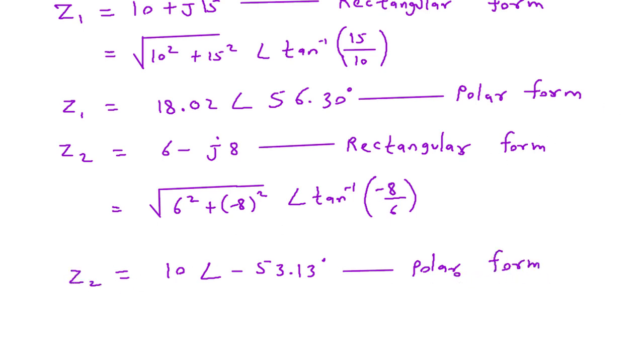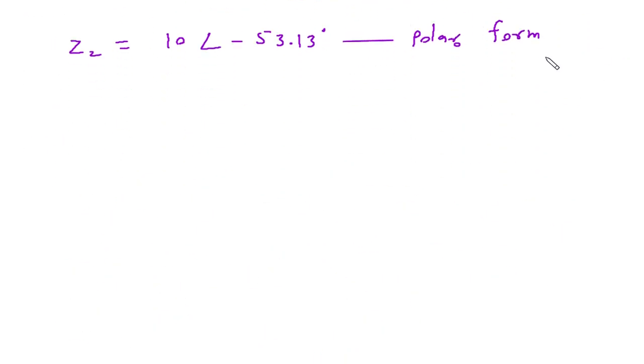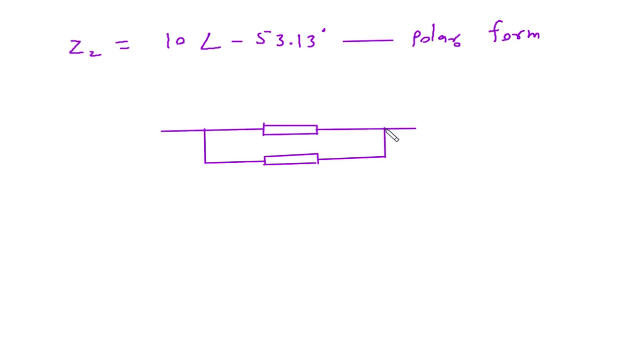So this is the polar form of Z2. Now they are connected in parallel. So suppose this is Z1 and this is Z2, both are connected in parallel, and obviously it is connected to an AC supply.